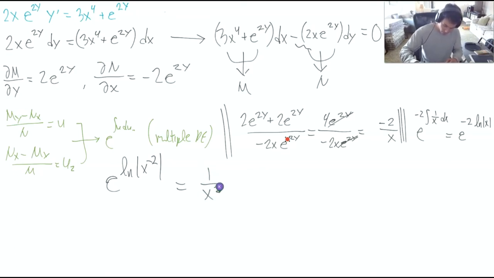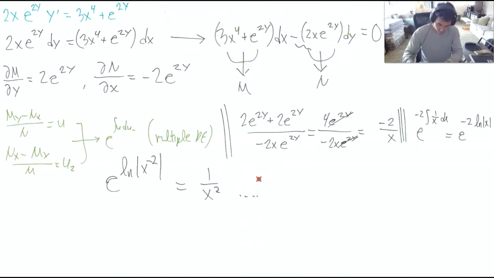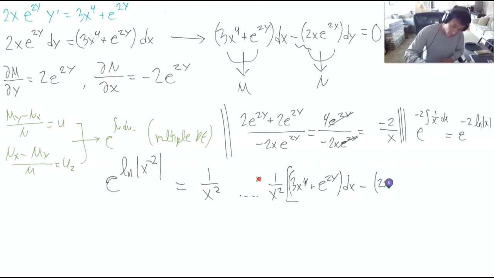So now if we multiply our differential equation right here all by 1 over x squared, so I'll do it. So we go, 3x to the 4th plus e to the 2y dx minus 2x e to the 2y dy equals 0.